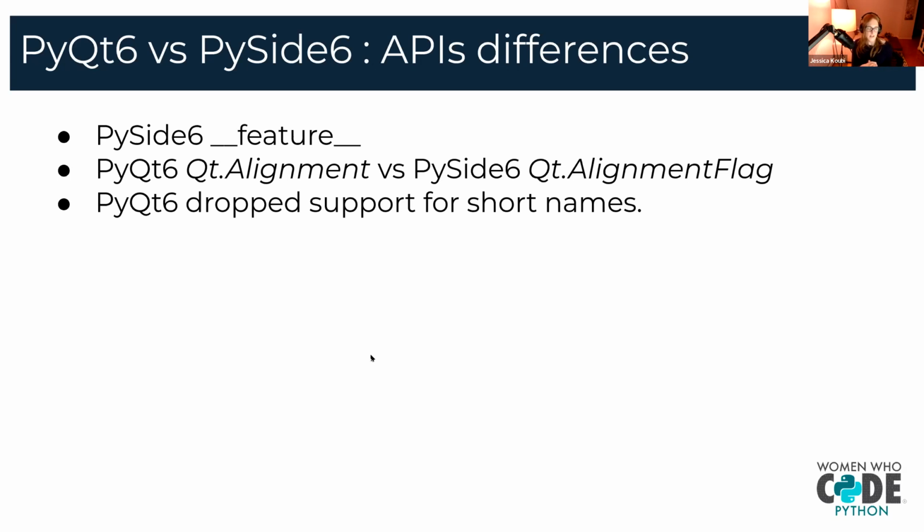As you can see, if you want to align left, you need to use Qt.Alignment in PyQt 6 versus PySide 6, which is Qt.AlignmentFlag. However, PySide 6 still supports short names. So you can do Qt.AlignLeft. You can exclude the alignment flag.